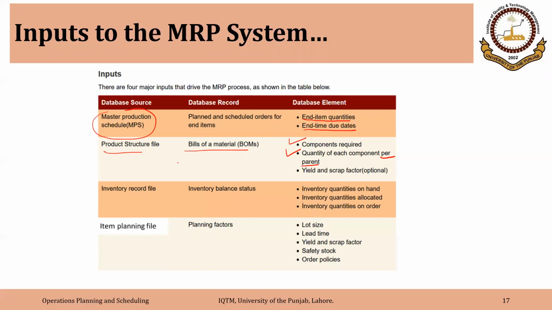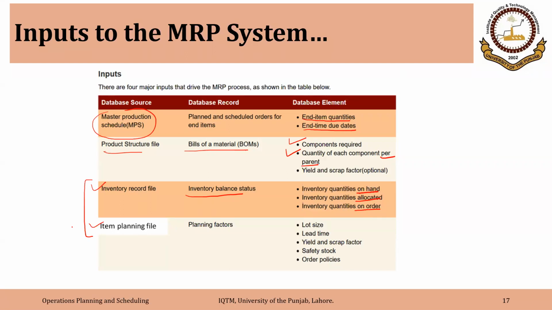The inventory record file gives us information about inventory balance status. So what is the inventory of that component on hand? What is the quantity that is allocated and what is the quantity that is on order, and some other information as well.